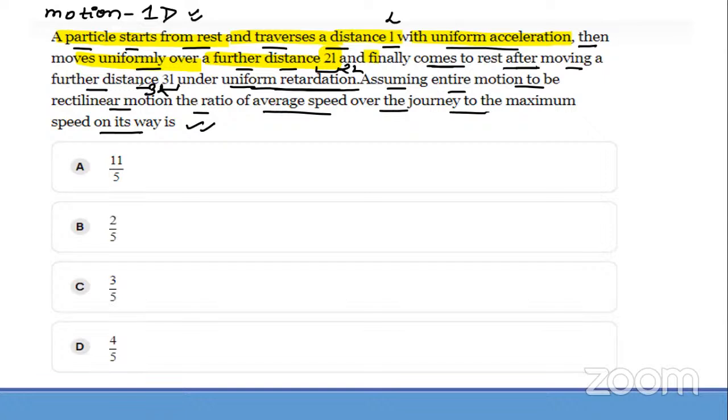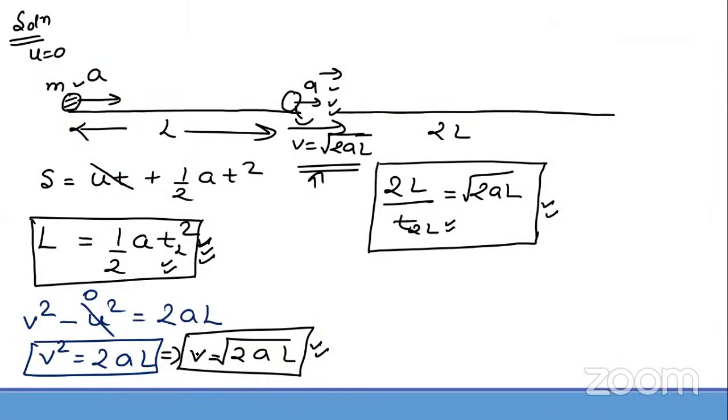So in the in-between scenario, for traveling 2l distance with a uniform speed, what is that speed? That uniform speed is the max speed attained. So I will say the max speed attained by the particle is simply under root 2AL, which I've already pointed out. See, this attained speed was acting as an initial speed for the uniform path 2L.